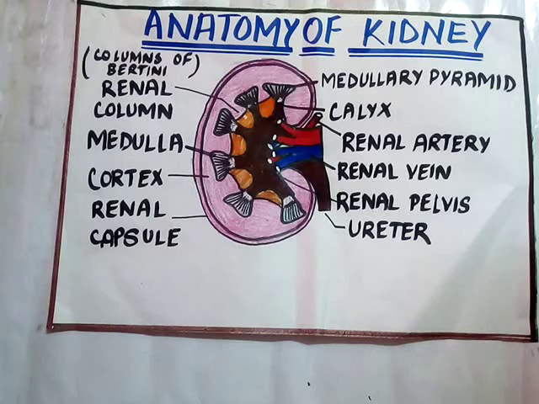Students, as you know, kidneys filter the blood. They excrete nitrogenous wastes like urea from the body. The oxygenated blood is considered impure because of the presence of nitrogenous waste in it.